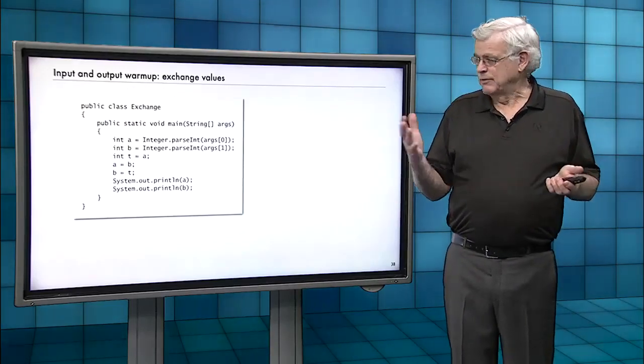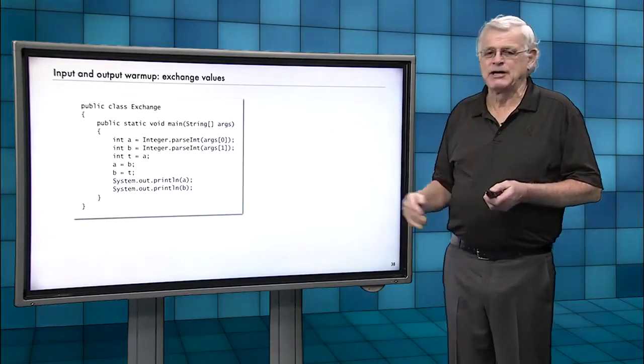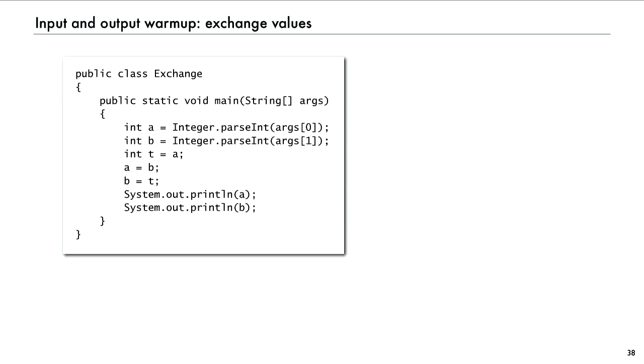As I said, when we had this exchange values program, we don't know what it did unless we print out the results. So if we add these two println statements to this program, again, a and b are integers, data of type int, but Java will automatically convert them to strings for output.